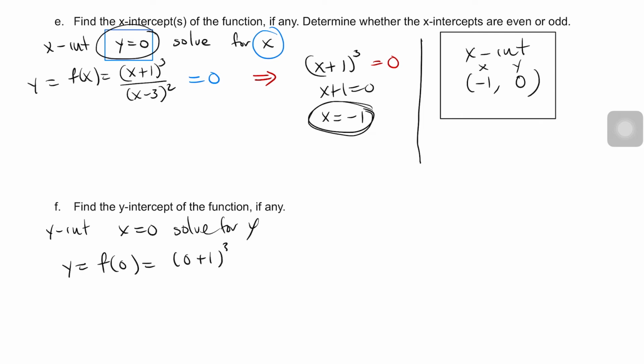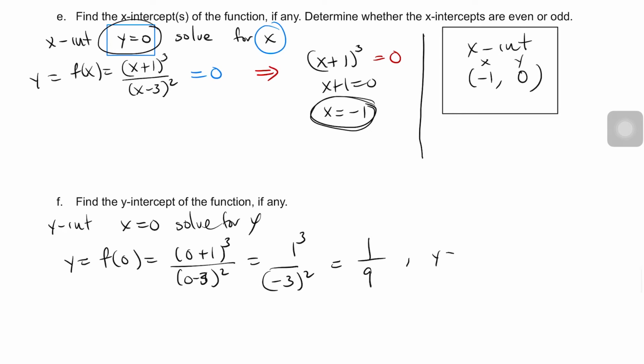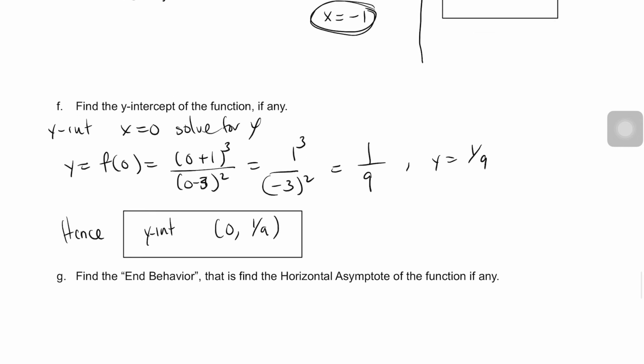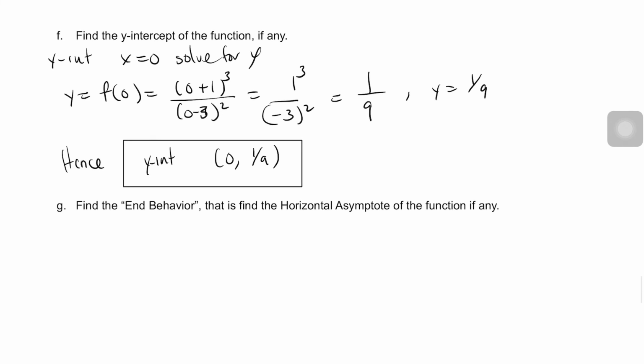Wherever you see an x, plug in 0 in the original function. That gives us 1 to the third over negative 3 to the second, which is 1 over 9. So y is equal to 1 over 9. Hence, the y-intercept is going to be 0, 1/9.